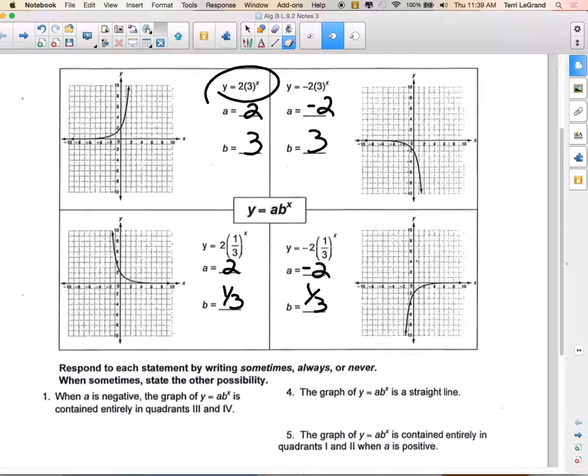What happens when the base is greater than 1? Let's look at this one. It's starting over here and growing up into the first quadrant, isn't it? What happened when the base became between 0 and 1? Now it started higher in the second quadrant and started falling, didn't it?